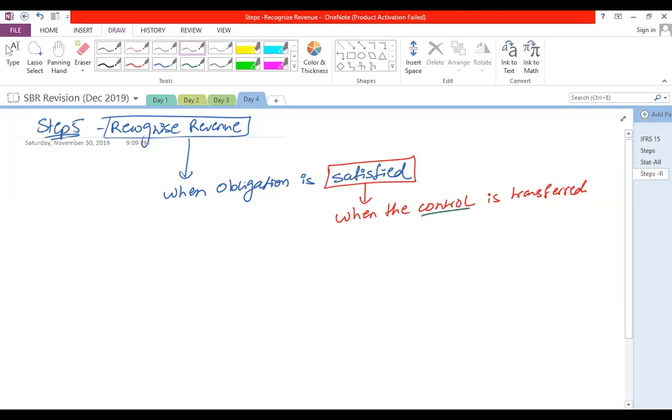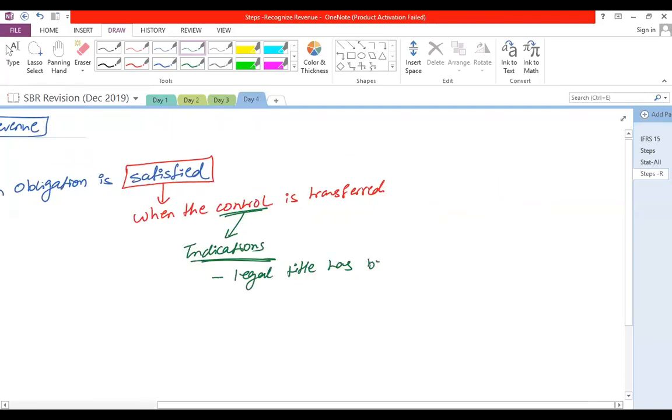And how do we know that the control has been transferred? There are certain indications which will tell us whether the control has been transferred or not. These are not the criteria, these are the indications. The first is that the legal title has been transferred. If we have transferred the legal title, this means the control might have been transferred. Or the physical possession has been given to the customer.